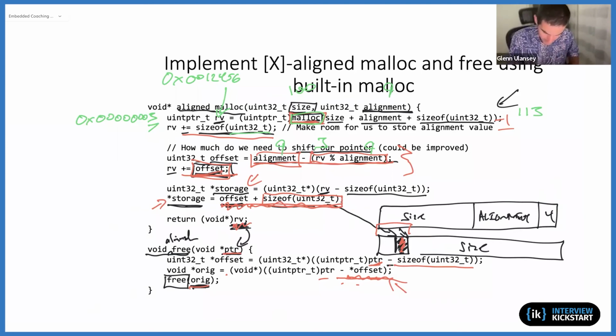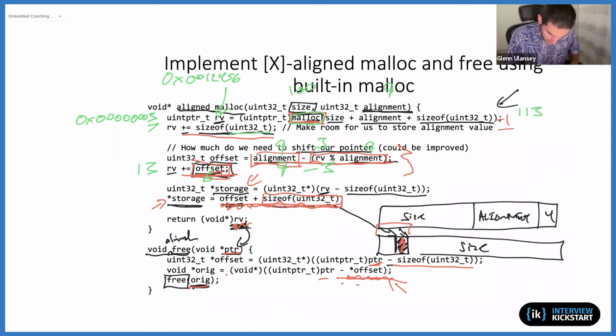But in any case, 3 mod 9 is going to be 3. So now we're going to do 9 minus 3. So we have 6 as our offset. So we are going to increment this by 6 again. So 7 plus 6, and rather than trying to do it in hex, let's just say we get to address 13.